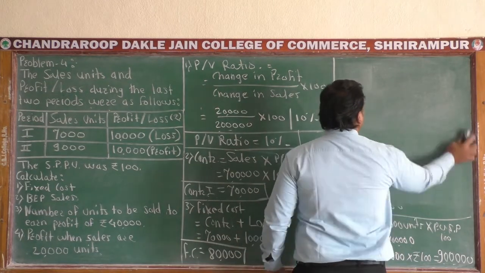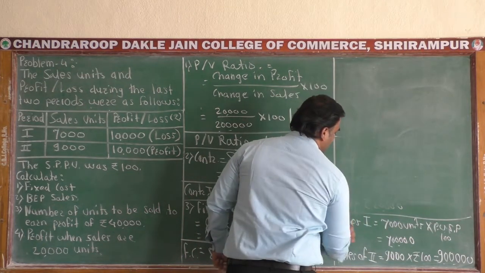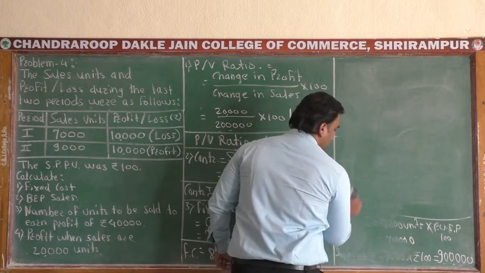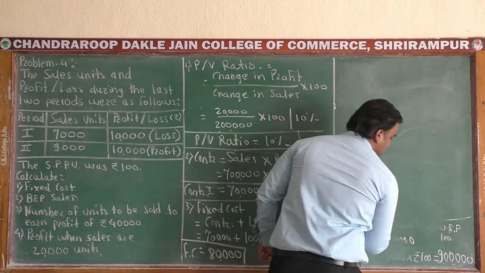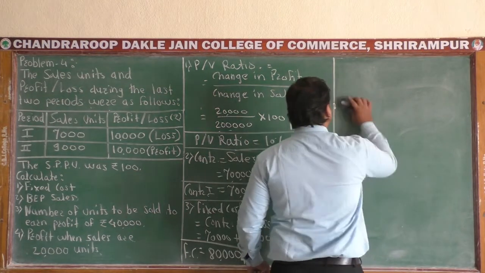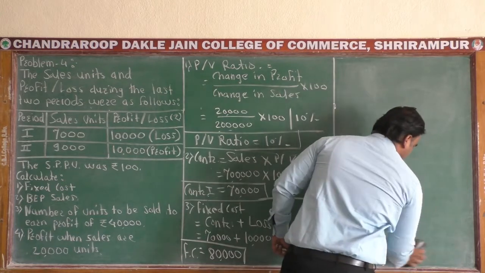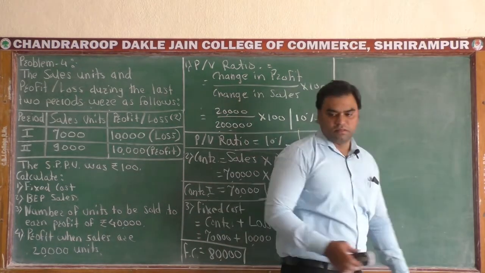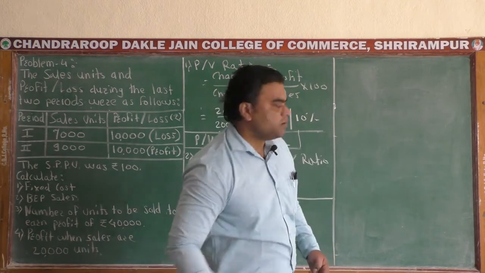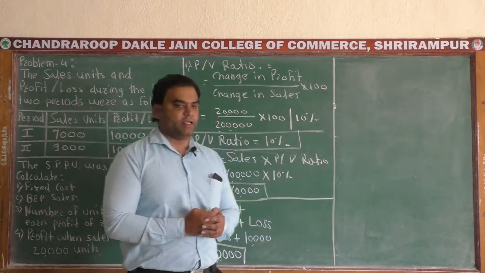If we divide the same by the PV ratio, then we will get the amount of sales at BEP level. In that way we can calculate the break-even point or BEP sales, as we have discussed while discussing the formulas available to calculate BEP sales.